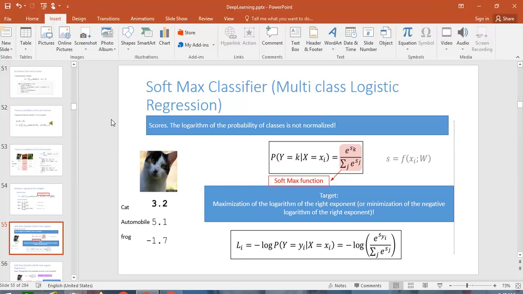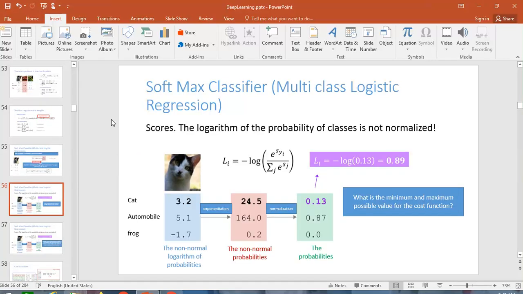Remember that these scores are a function of w and x. For now, we say w multiplied by x, very simply, which will become more complicated later. One interpretation is that we consider these scores as logarithms of unnormalized probabilities.